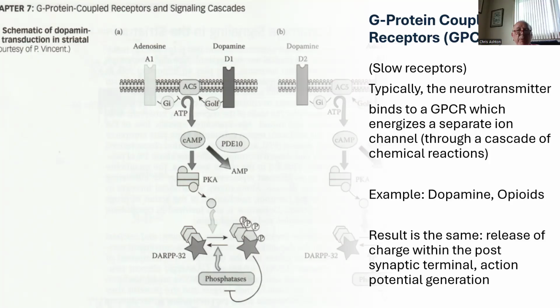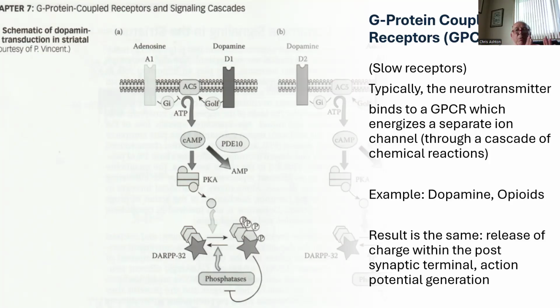G protein coupled receptors versus ion receptors are a little bit different, meaning there's at least a two-stage event.